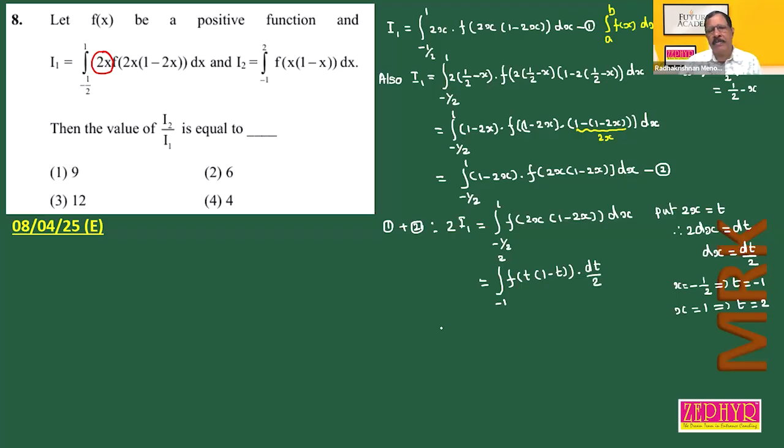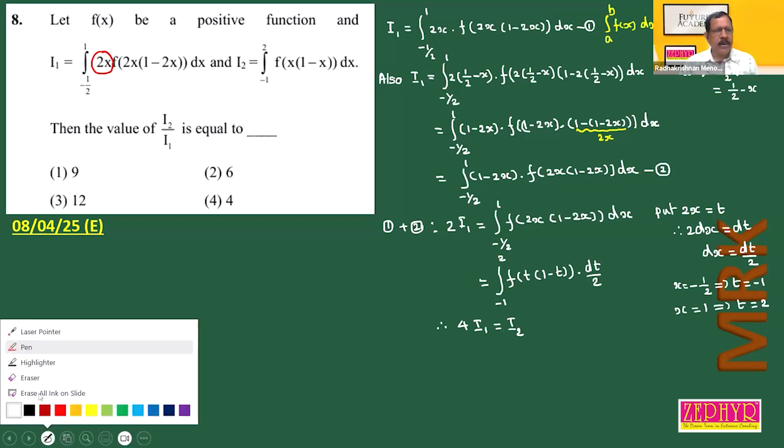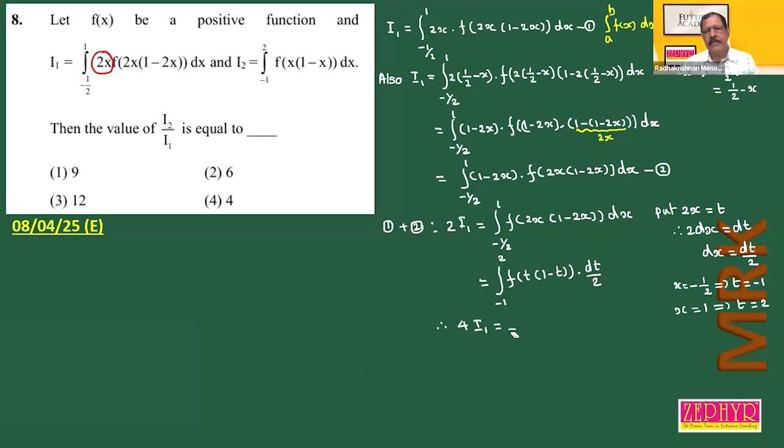Okay. You cross multiply, you are getting 4I1 is equal to, now this integral is nothing but I2, is it not? What is I2? Integral minus 1 to 2 in the place of x, f of x dx. Or otherwise, I will write it again, again property.